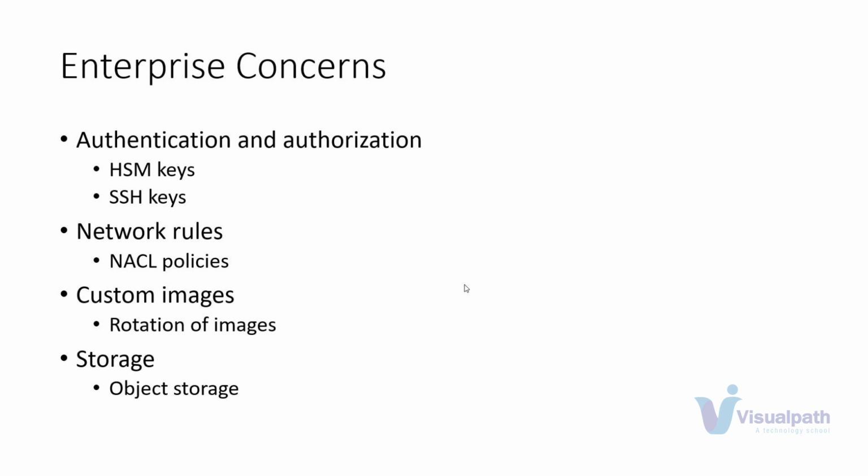Custom images. This is again a different thing. Whenever you want to have an EC2 instance or any cloud instance, it requires some OS. But we cannot go blindly with the OS that the organizations gave.